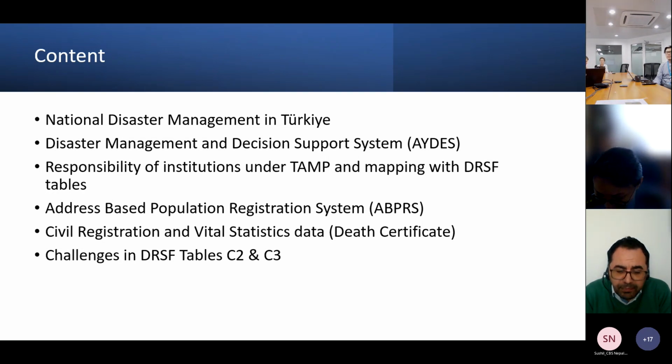And next, I will introduce the disaster management and decision support system, which is called IDES, and the address-based population registration system of Turkey. These are the key data sources to complement the production of the disaster-related statistics.